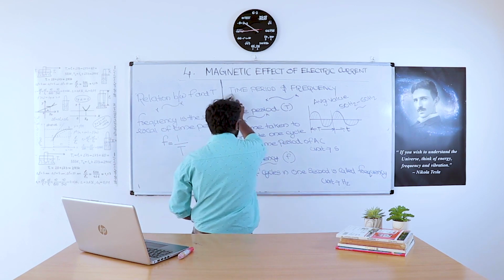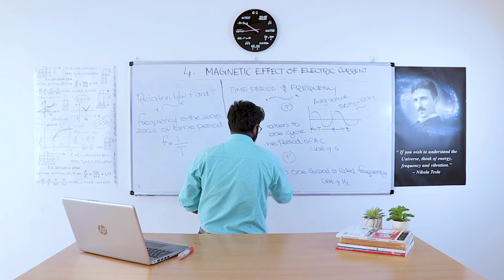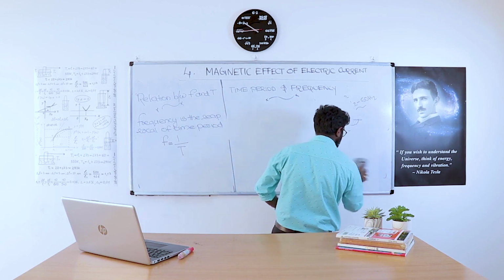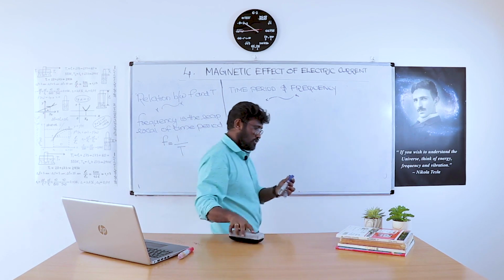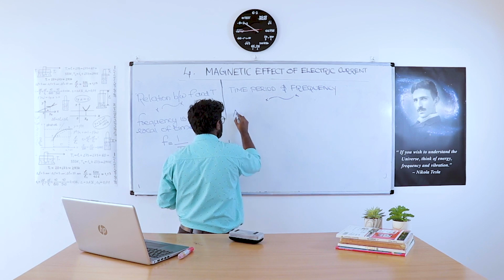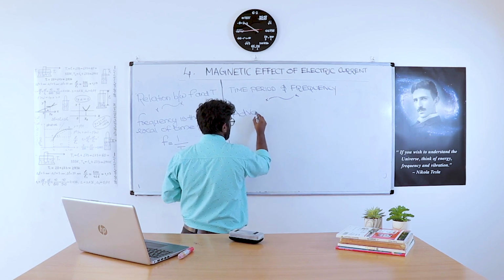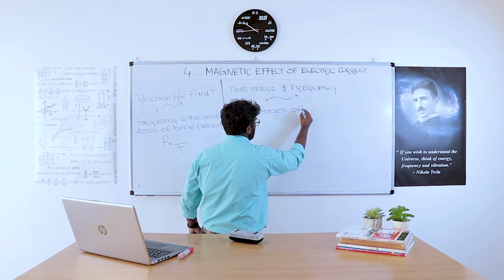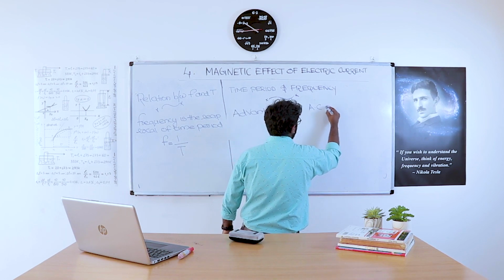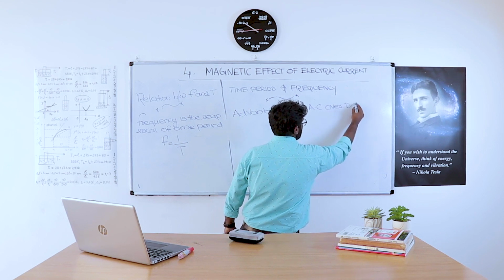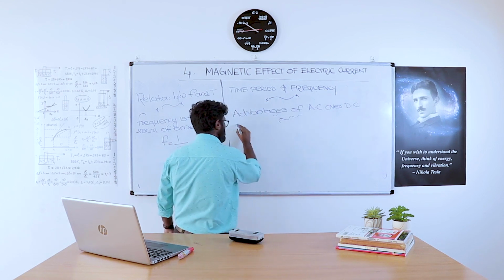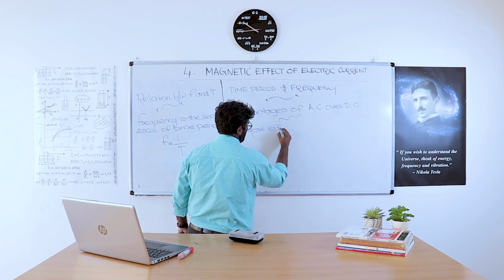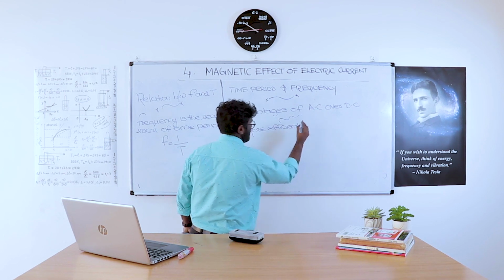Finally, we want to know about the advantages of AC over DC. What are the advantages of AC over DC? The first advantage is that it is more efficient than DC.